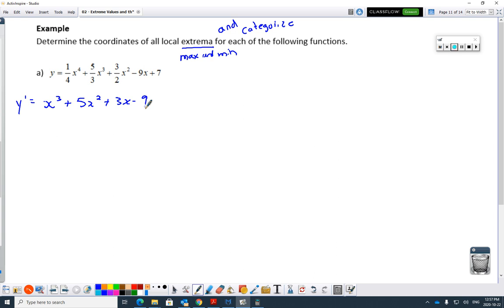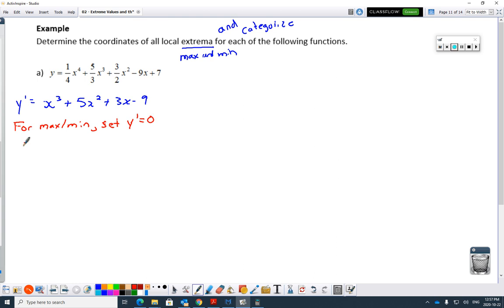So that line I did in red, for max min, set y prime equal to 0. And maybe I should have put for potential max min. Maybe they're going to be max mins, but you're going to see how we decide in just a minute. Set y prime equal to 0. Here, we're getting some x values to put in the playoffs to figure out whether they're max mins.